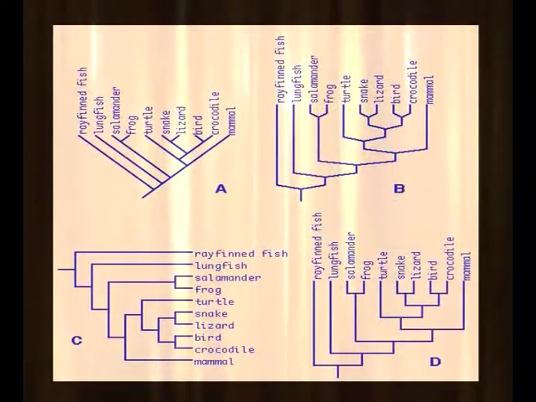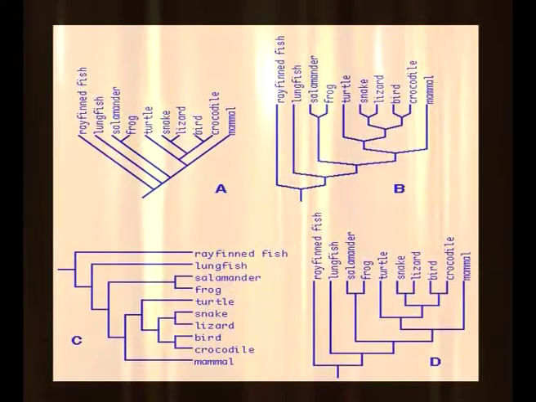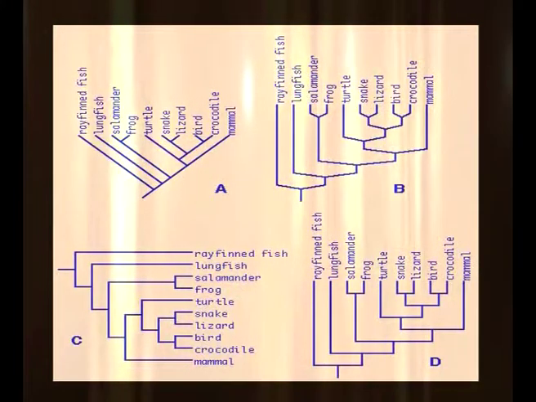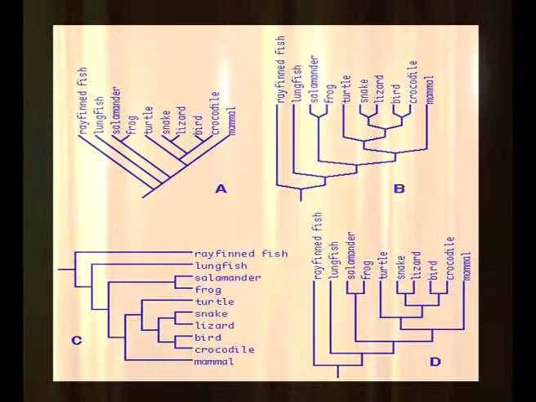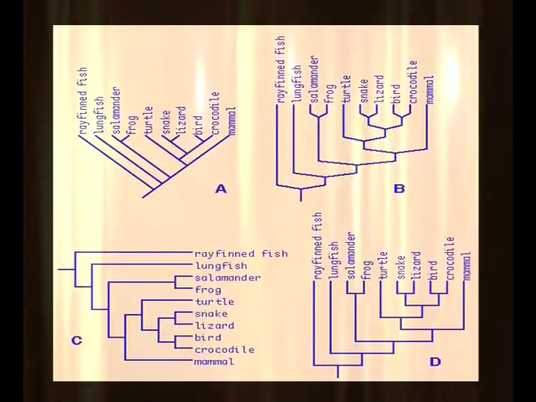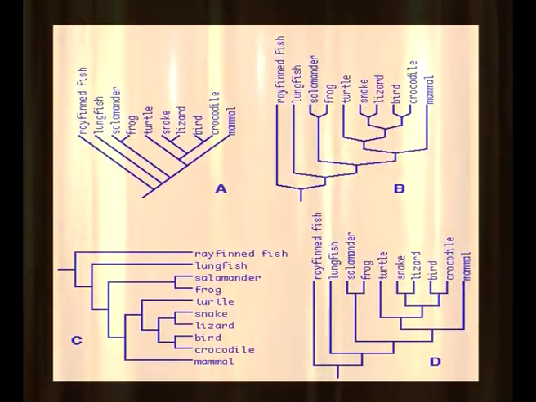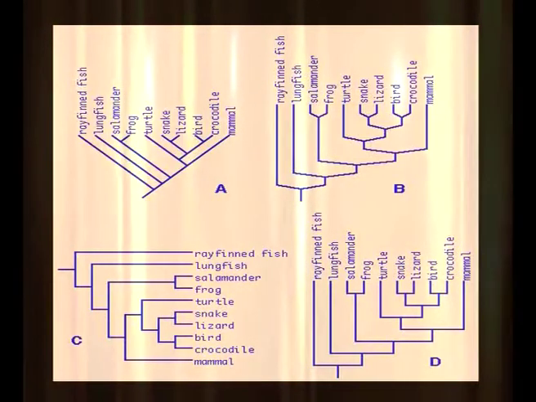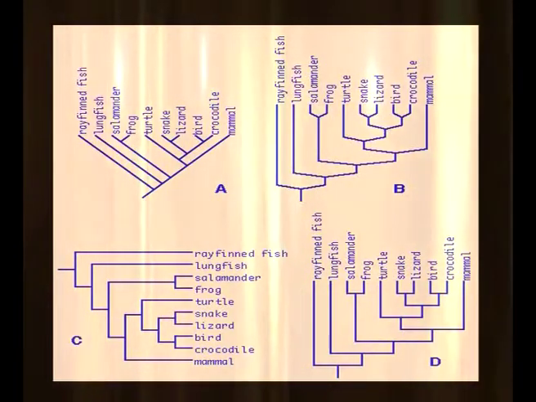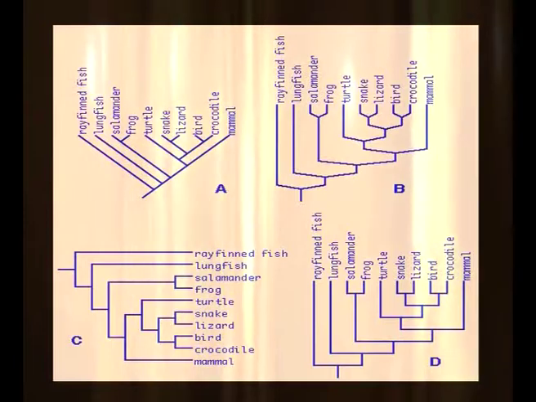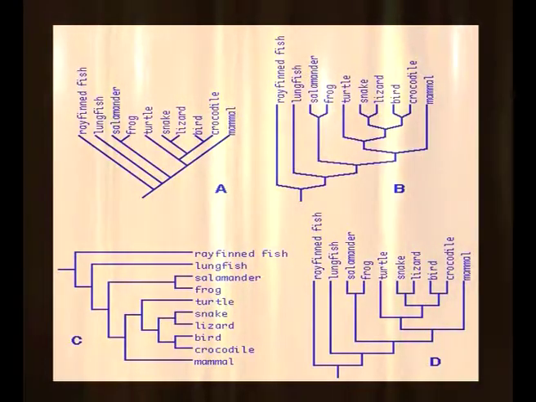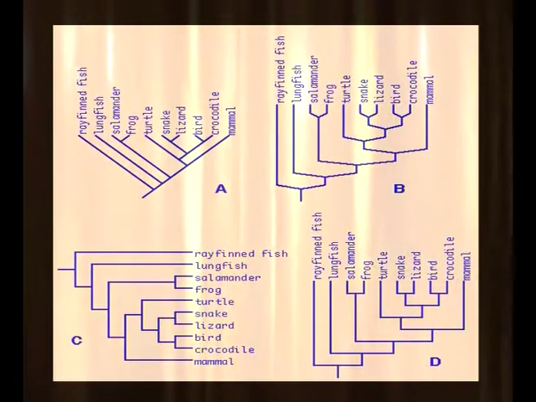Suppose taxa A and B share a unique common ancestor. They are said to be sister groups. They both share an evolutionary novelty, or synapomorphy, not possessed by a taxon C. Now, C is the sister group of the combined taxa A and B, and D is the sister group of the combined taxa A, B, and C.